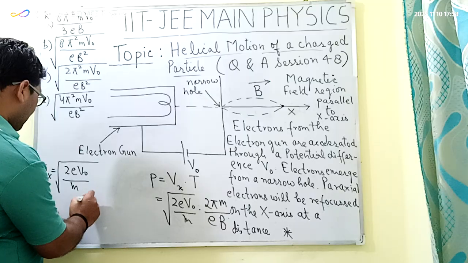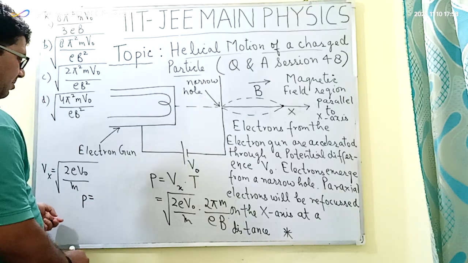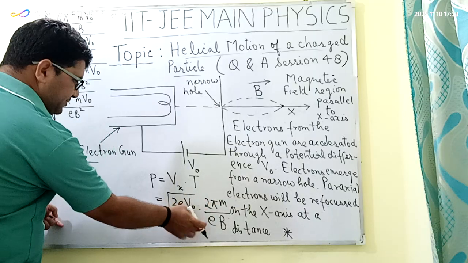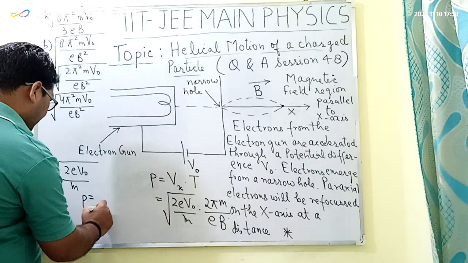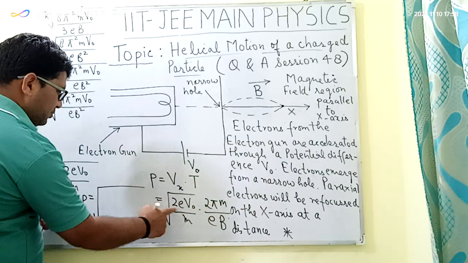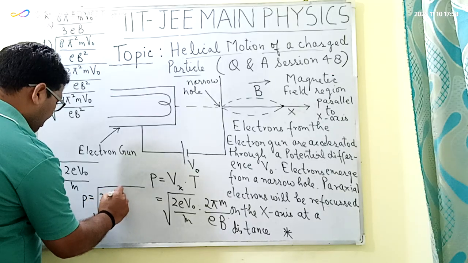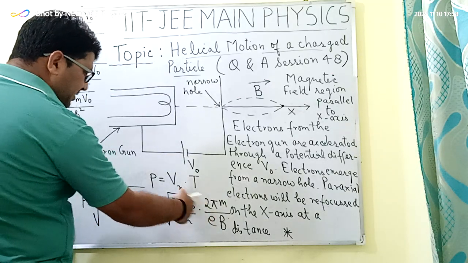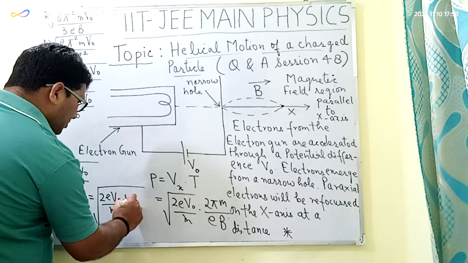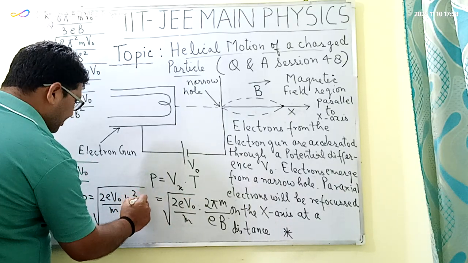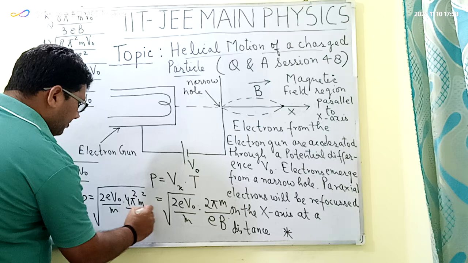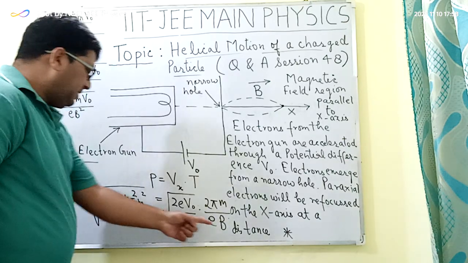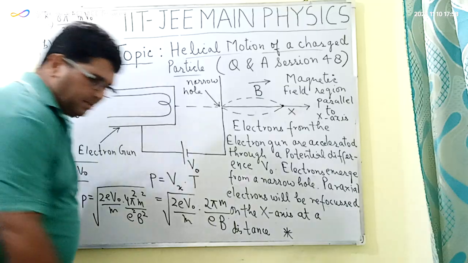So from here, P is equal to under root 2eV0 divided by m multiplied by, if I take this in under root, then it will be equal to 4 pi square m square divided by e square B square. I have taken this value in under root.